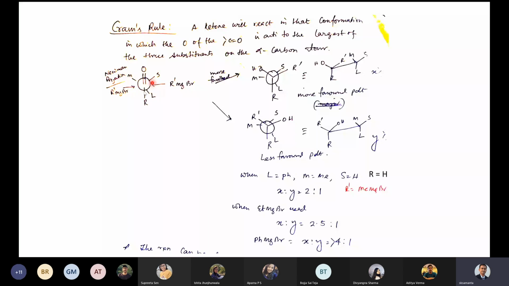And the rule says that the oxygen atom of the carbonyl carbon will be anti to the largest group. So this C double bond O will be anti to the largest group. So you put the L group in the anti direction, meaning the opposite direction. And then there will be a small group and a medium group, correct?